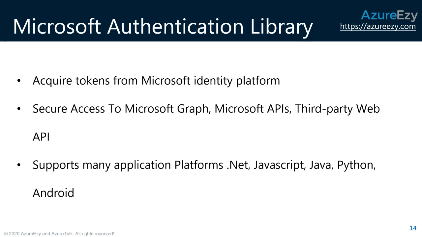Now, the Microsoft Authentication Library is something that enables the developer to acquire tokens from the Microsoft Identity Platform, and that token is required to authenticate users and access your API in a secure manner.